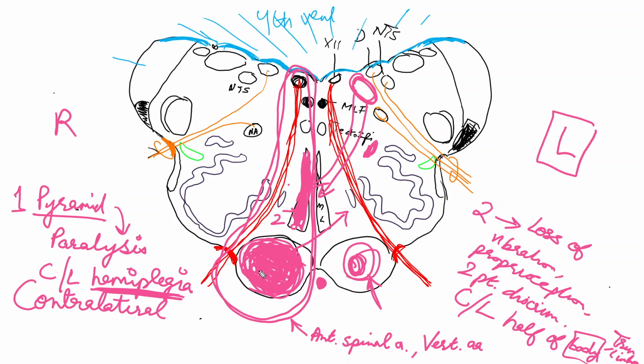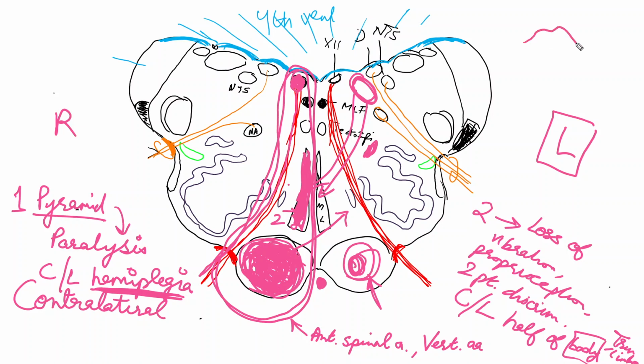So because of pyramidal tract, again I am repeating, there is contralateral hemiplegia. Because of medial lemniscus involvement, there is contralateral loss. There is loss of vibration, proprioception, and 2-point discrimination from contralateral half of the body. And finally, because of involvement of hypoglossal nucleus, the same side of the tongue will be paralyzed, because this right hypoglossal nucleus gives rise to the right hypoglossal nerve, which supplies the right half of the patient's tongue.